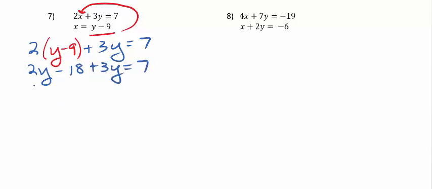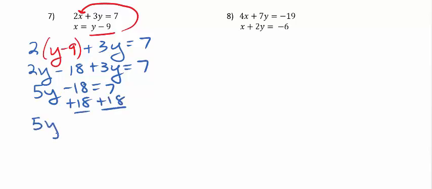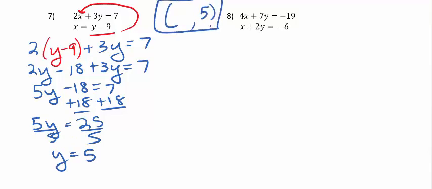Combine like terms, 2y and 3y is 5y, minus 18 is equal to 7. We add 18 to both sides, and we get 5y is equal to 25. Divide by 5, and y is equal to 5. So we have now the y coordinate of the solution.